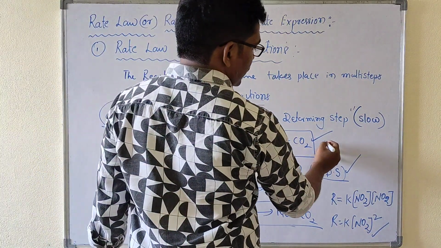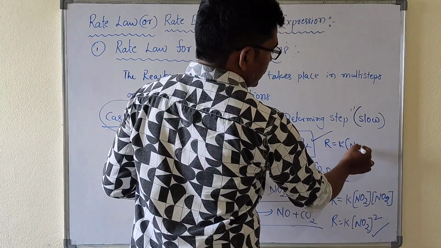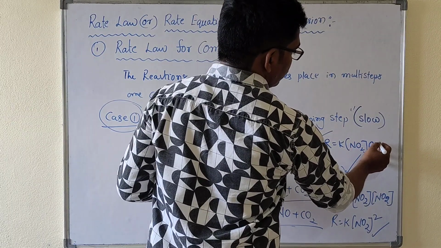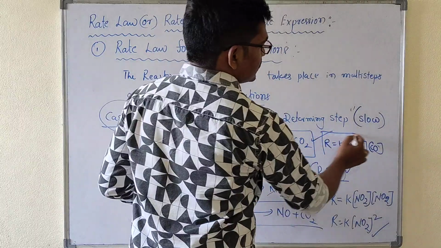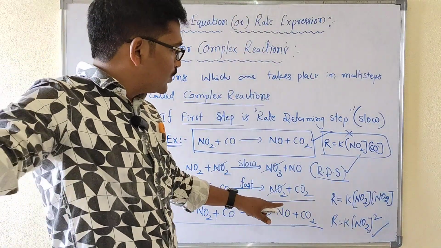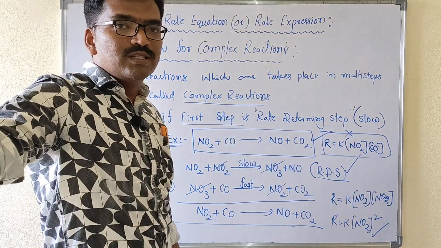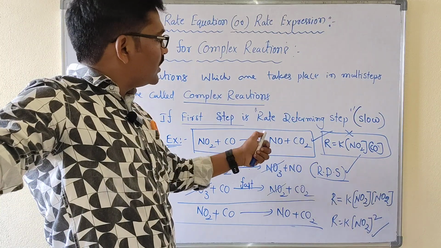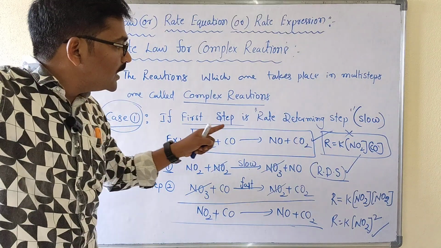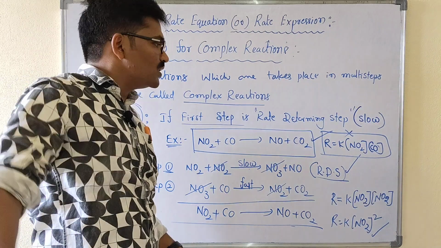If you take R equals K into NO2 concentration into CO concentration, this is wrong. ఇది ఎలిమెంటరీ రియాక్షన్స్కి అయితే డైరెక్ట్ యూ కెన్ టేక్ ఫ్రమ్ ద రియాక్షన్. For the complex reactions, you have to take from the rate determining step, which is the slow step. Clear? Understand all of you?